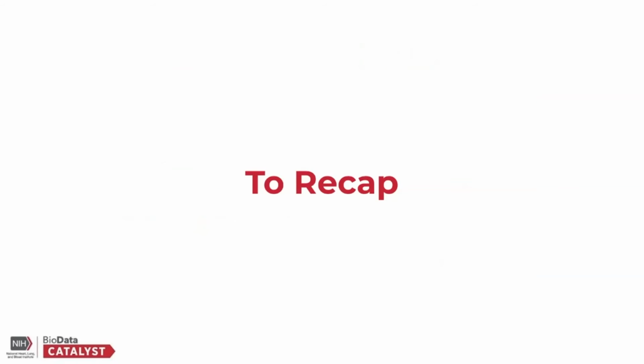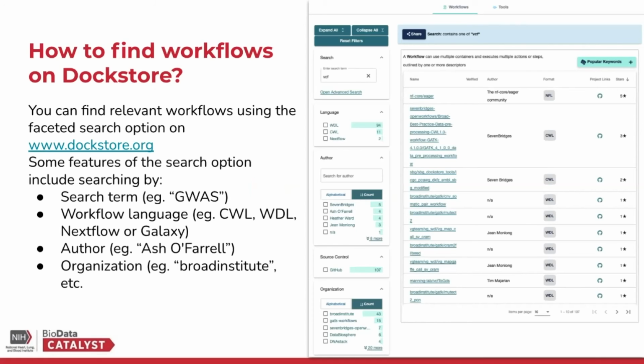All right. So to quickly recap what we just saw, there is an easy way to find workflows on Dockstore. You can use the faceted search feature on Dockstore. So you can search by a search term, you can filter or narrow your search by the language, author, source control, organization, and so on.